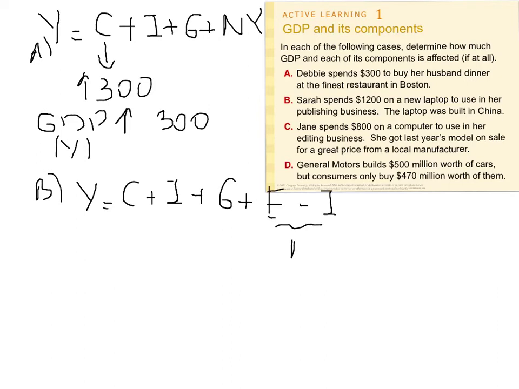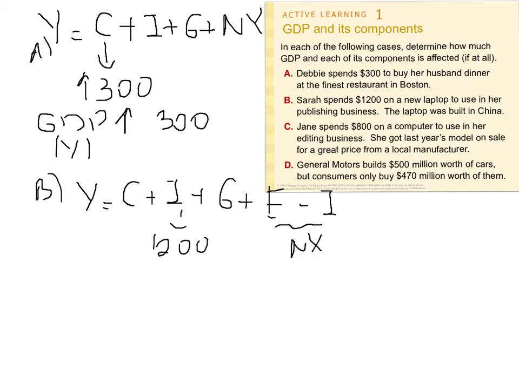Sarah spends $1,200 on a new computer, so this part should increase by $1,200. It's a consumption. Oh, I'm sorry, it's for a publishing business. It's not a consumption. If you buy goods and services to produce more goods and services, it's an investment. So investment is going to increase by $1,200.